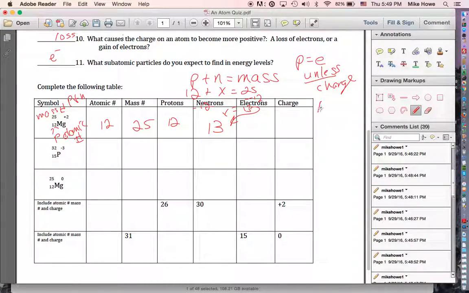So loss of electrons equals plus, gain of electrons equals negative. In this case, we've lost 2, it looks like, because +2 charge. Since normally protons equal electrons, but now you've lost 2, you would have 10 electrons. Because normally you'd have 12 since electrons equal protons. So the charge is plus 2. That's easy because we know the charge is given to us right here.